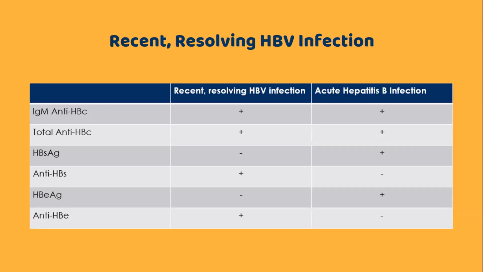For the second differential diagnosis, I chose recent resolving HBV infection. In contrast to acute hepatitis B infection, the HBsAg and HBeAg are negative in the recent resolving HBV infection, which indicates that there's no ongoing infection.